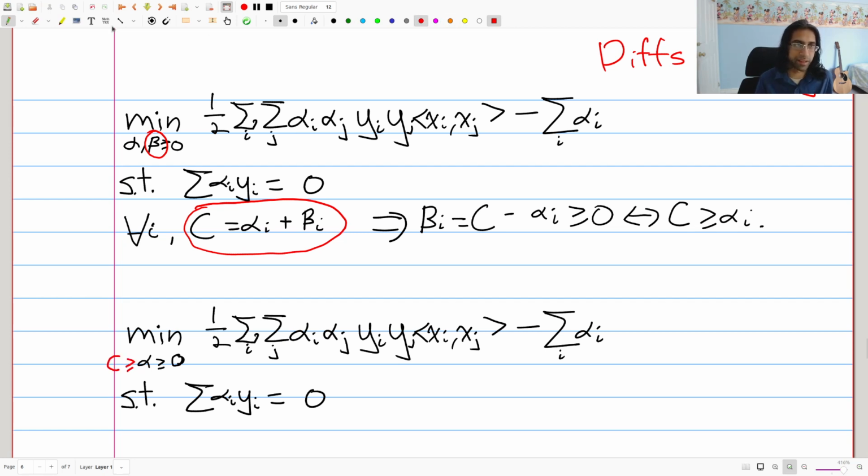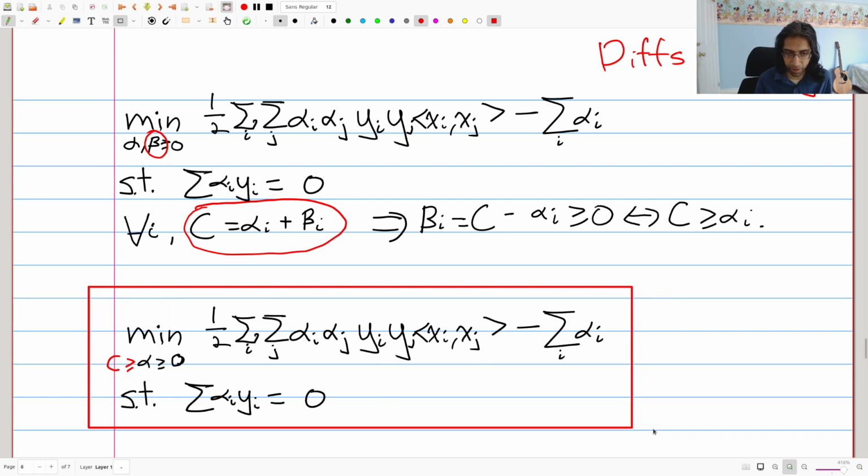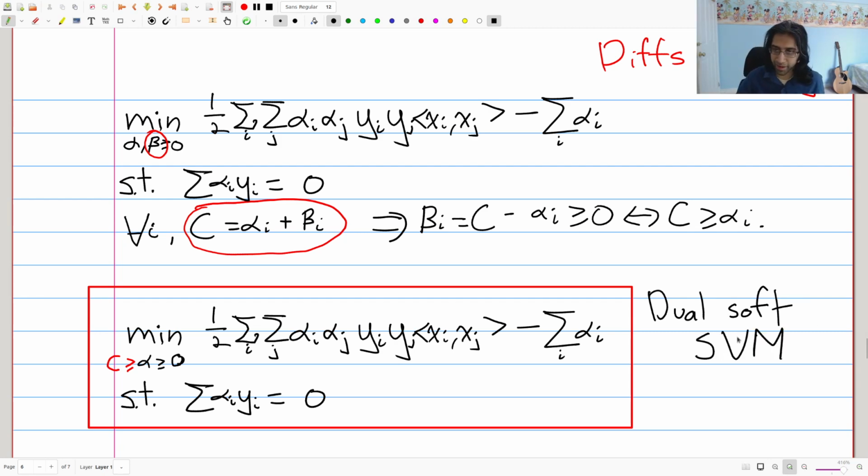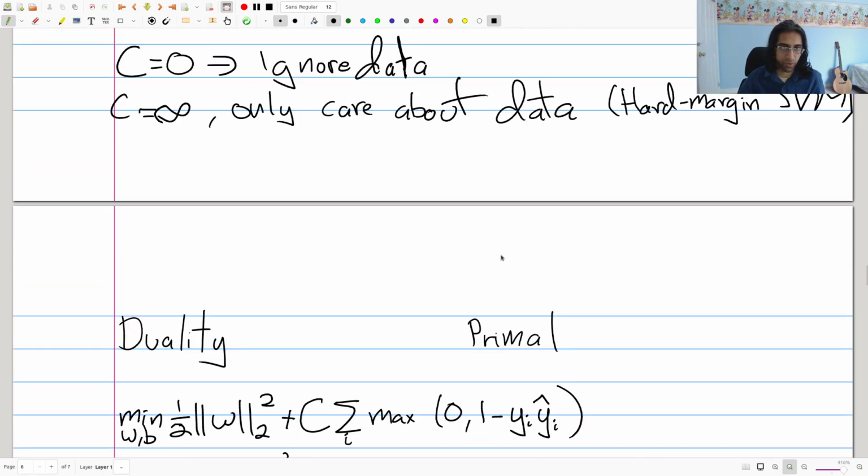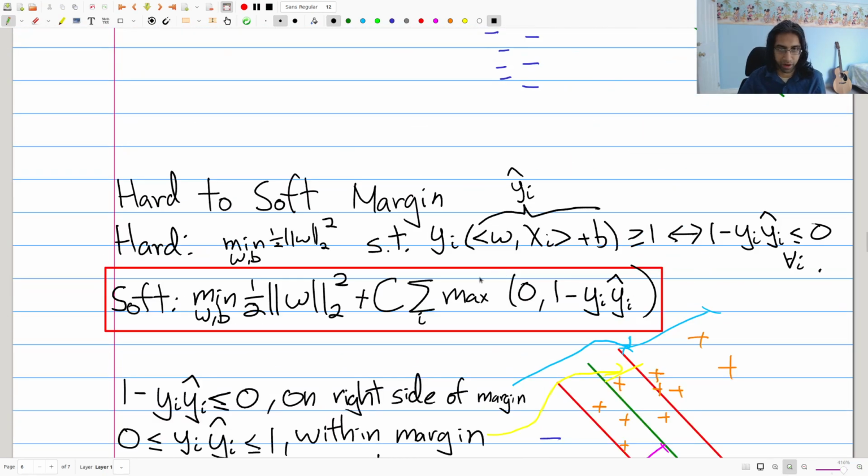Now this is rather nice because it shows exactly how close these two different problems are. Remember, this is the dual version of the problem. Let's look at before, when we looked at the hard versus soft.